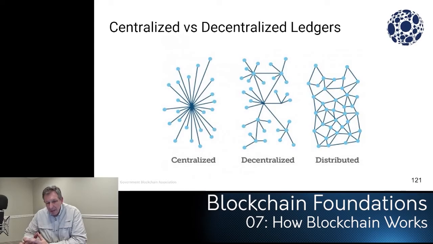Decentralized means that no single point has control over any other single point. So you could have a distributed database, with copies of the database in many different places, but the control could still be centralized. Or you could have a database that's distributed, with copies in many different places, but there's no single entity that controls the decision making, in which case that would be decentralized.